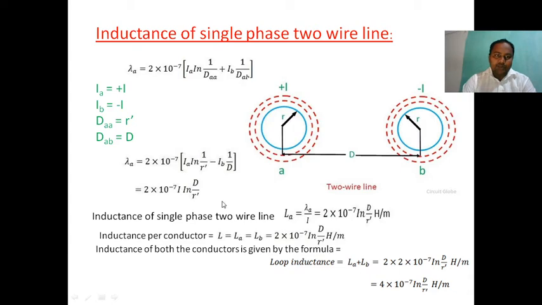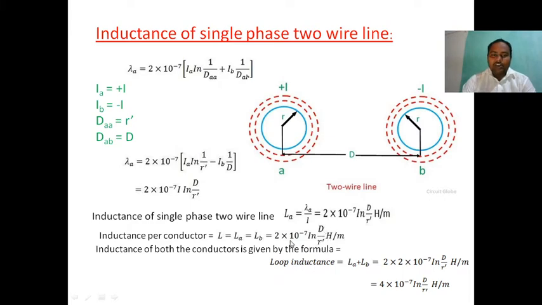So the inductance of a single phase two wire line, we get LA equal to the flux linkage of conductor A divided by I. The I's get cancelled: 2 into 10 power minus 7 log D by R dash Henry per meter. So the inductance per conductor, only one conductor, is equal to 2 into 10 power minus 7 log D by R dash.